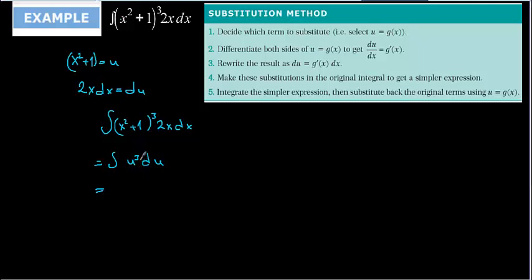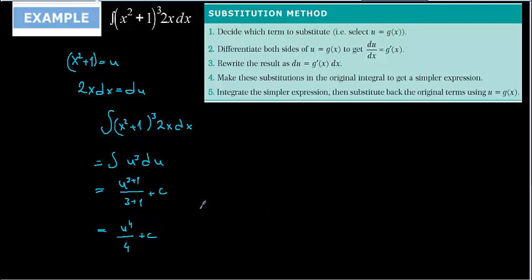This is the power formula, so u to the power of 3 plus 1 over 3 plus 1 plus c, and it is equal to u to the power of 4 over 4 plus c.